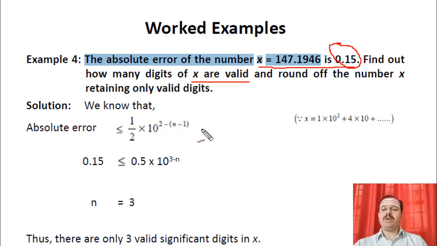So now let us proceed. We know that absolute error must always be less than or equal to half of the unit place. This is the definition we are having. The unit here is 10 to the power 2.